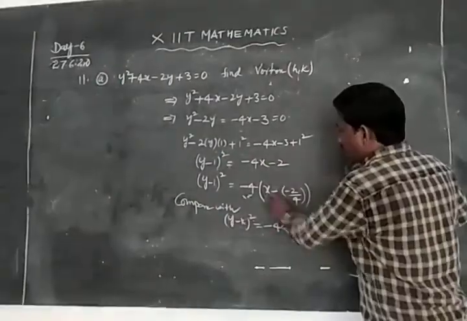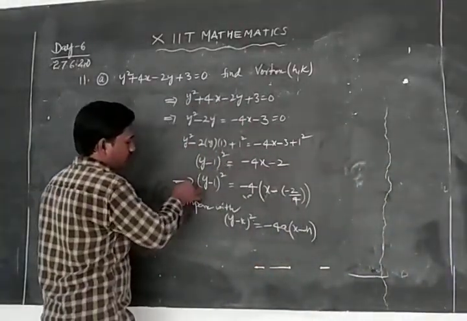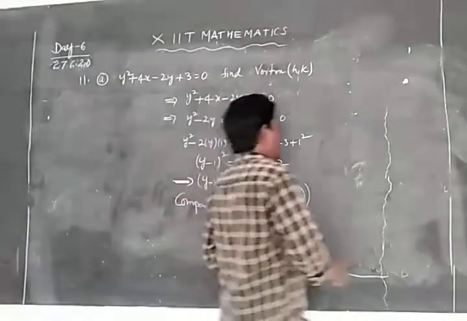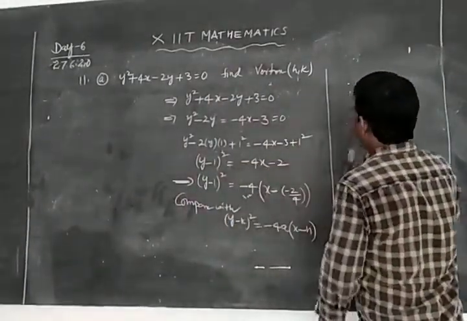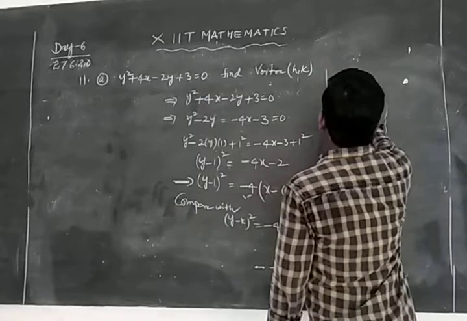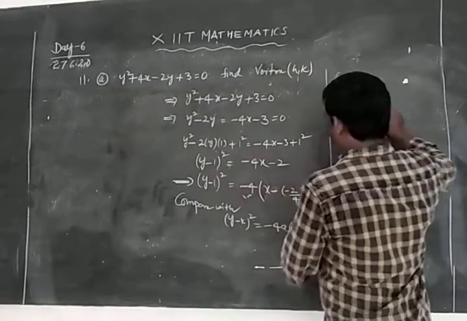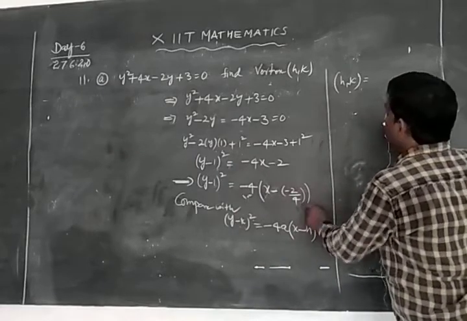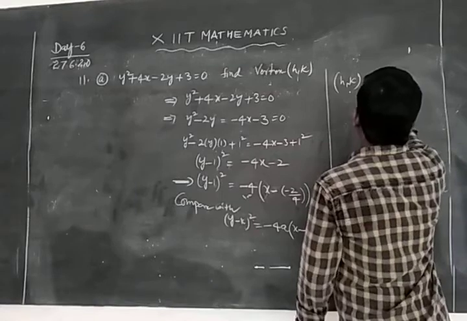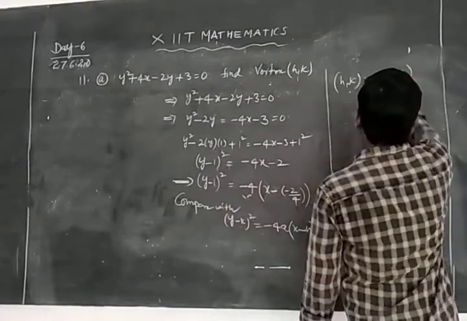So compare. Now what is h comma k? What is the h value? Minus 2 by 4, that means minus 1 by 2. What is the k value? 1. We got the answer.